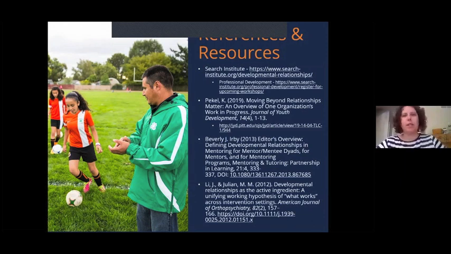So before Emily shares these resources, I just wanted to point out one other thing that's in the Kent Peckel article, Moving Beyond Relationships. There is an intentionality tool in that article that just kind of helps you as an individual rate yourself in each of the different categories and think about where you put more attention in your classroom, and then also how you personally think you can add it in and with which groups of people.